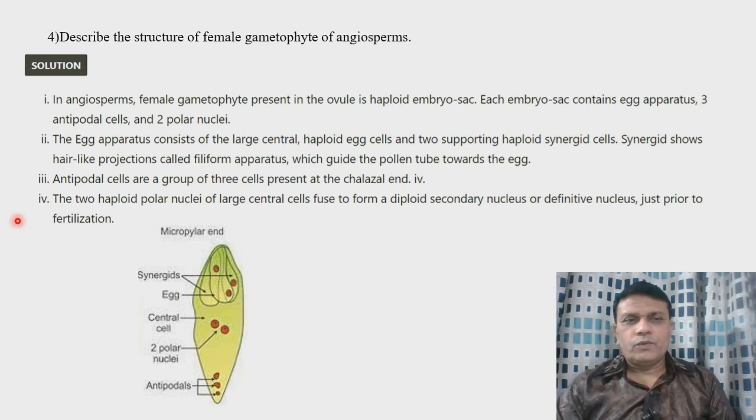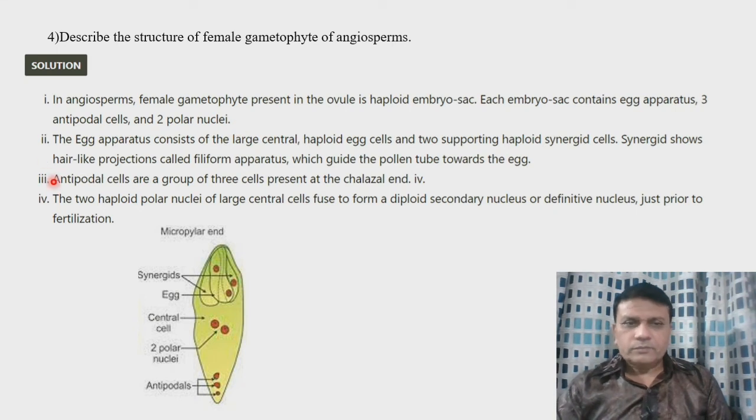Now the 4 points regarding the structure of female gametophyte of angiosperms are: first one is, in angiosperms, female gametophyte present in the ovule is haploid embryo sac. Each embryo sac contains egg apparatus, 3 antipodal cells and 2 polar nuclei.